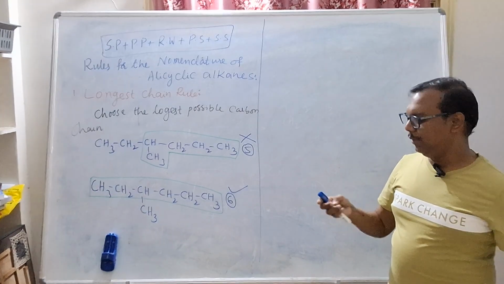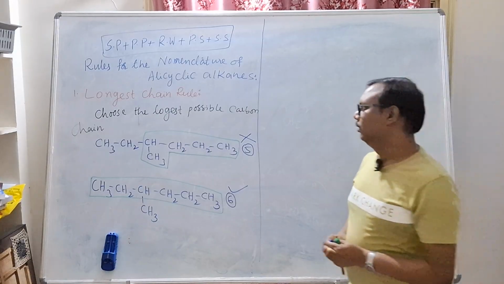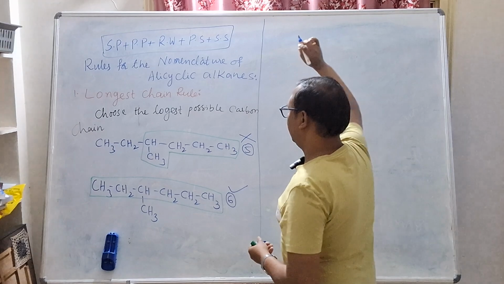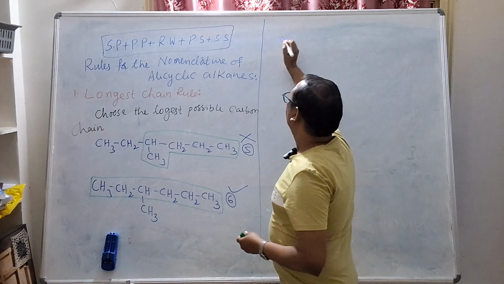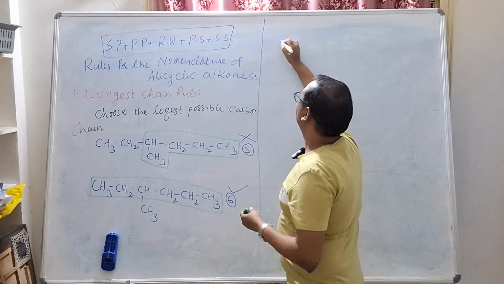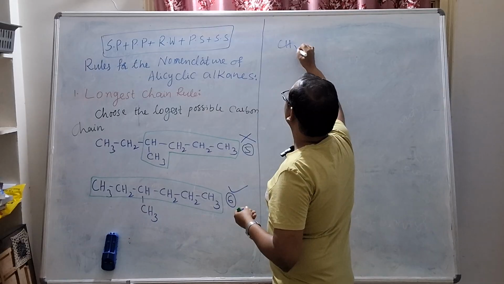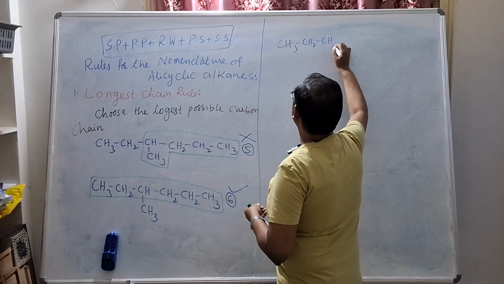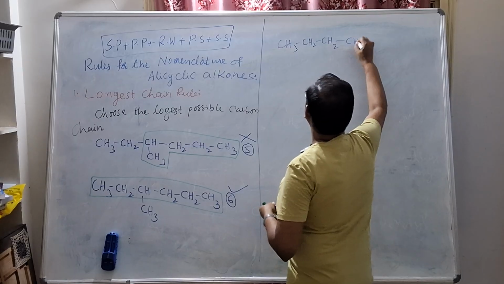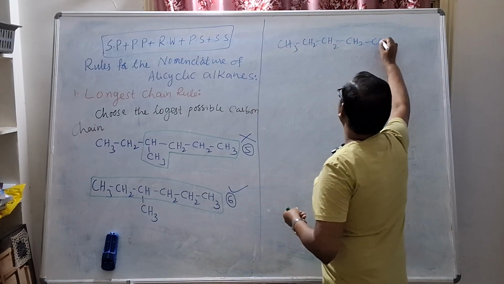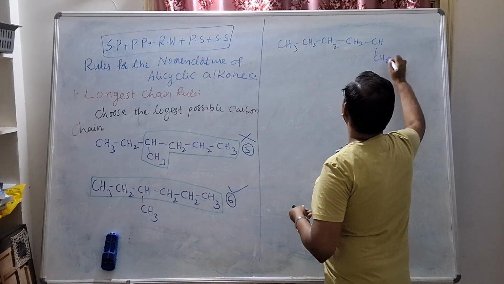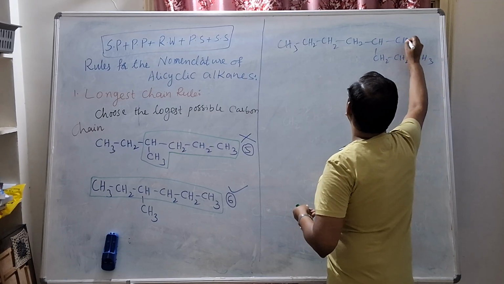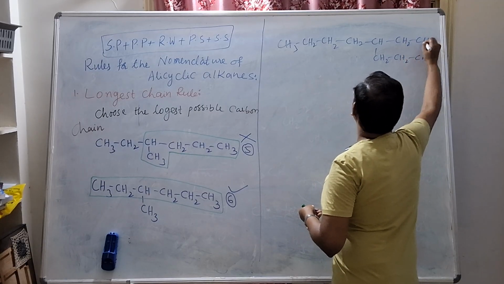All right. For example, the second one, we can see the longest possible chain. If you take one more example: CH2, CH2, CH, CH2, CH2, CH, CH2, CH2, CH3, CH2, CH3.